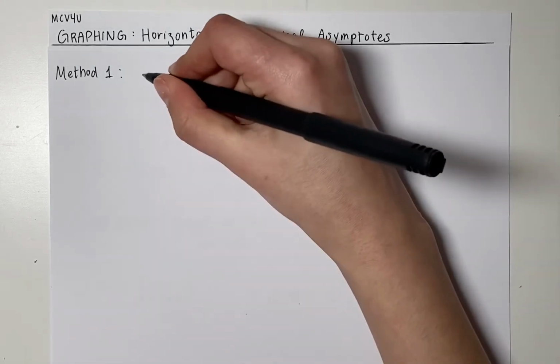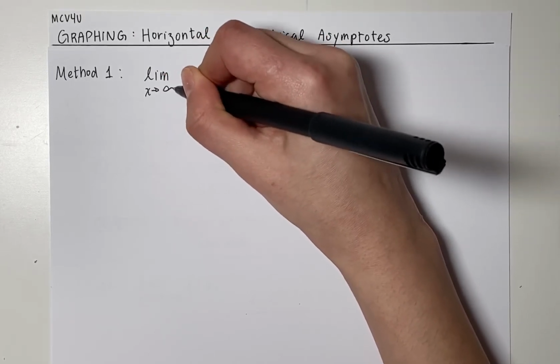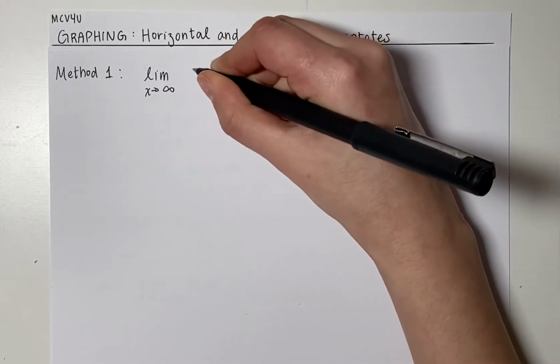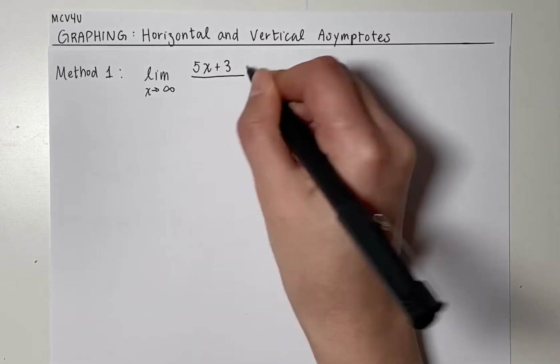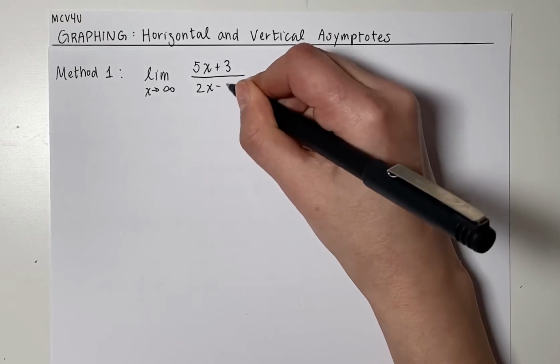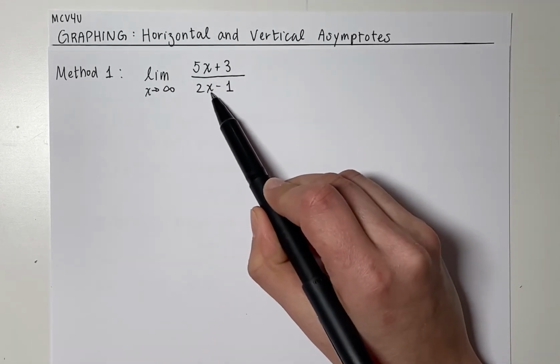So what does that mean? Say we have the limit as x approaches positive infinity of (5x + 3) over (2x − 1). So we're going to divide the numerator and the denominator by the highest power of x in the denominator.